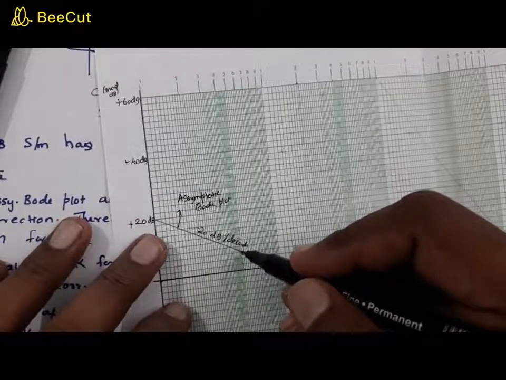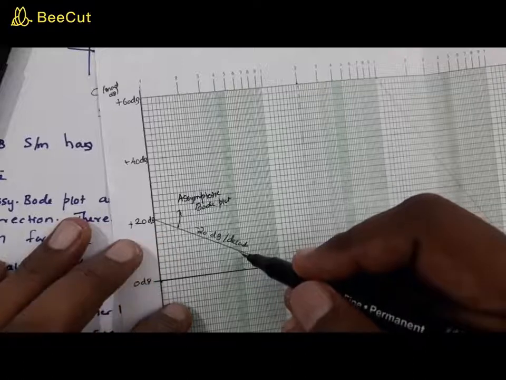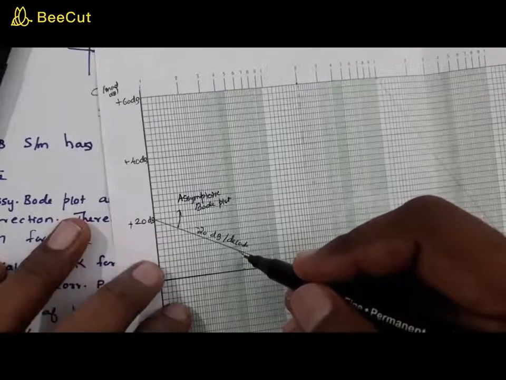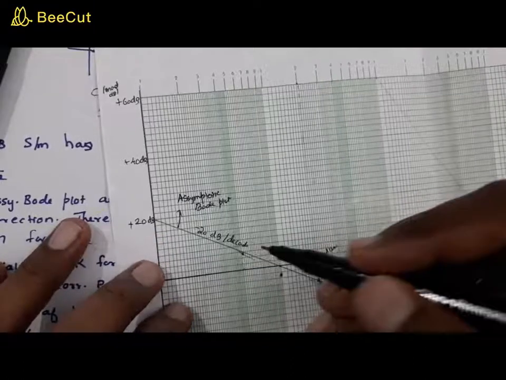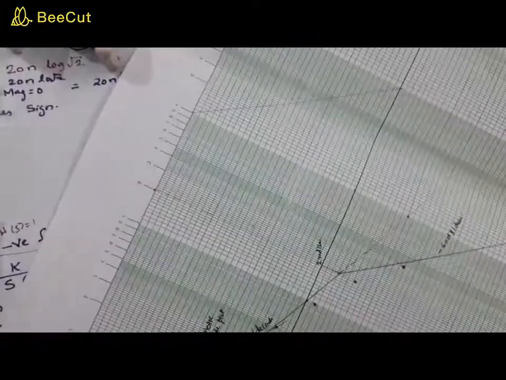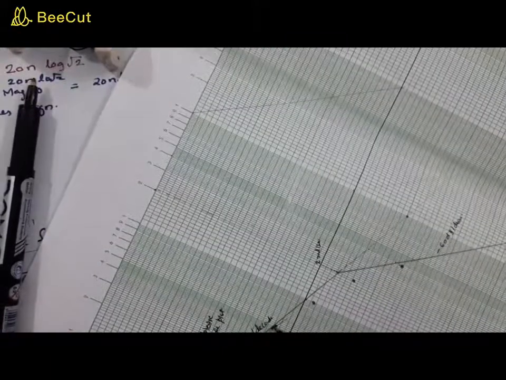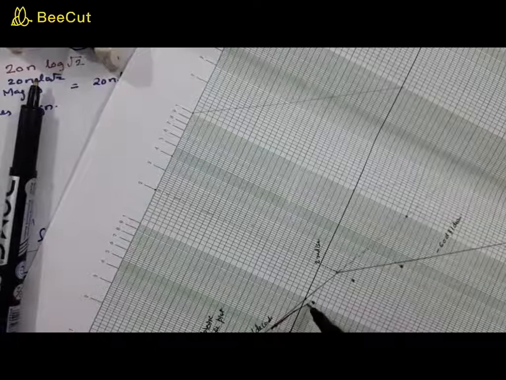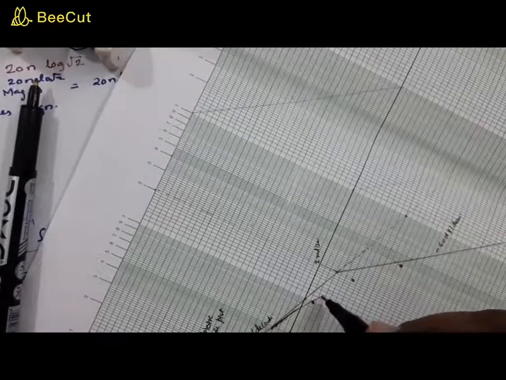Now from this point, you need to find out 1, means it is half of the 1 division, right? So it comes closer. So you got a point something like this. So you can freehand draw, connecting those points.